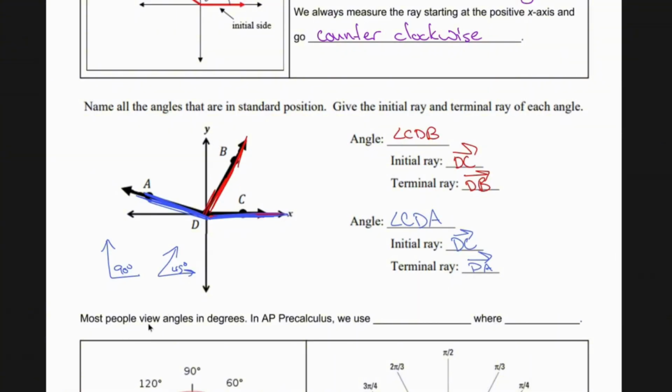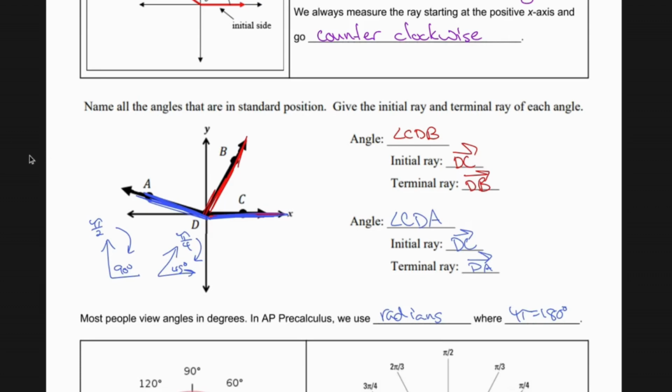In AP Precalculus, we use radians, where pi is 180 degrees. So instead of saying 90, we would say pi is 180, so half of 180 is 90, so half of pi. 45 would be a quarter of pi because it's a quarter of 180.